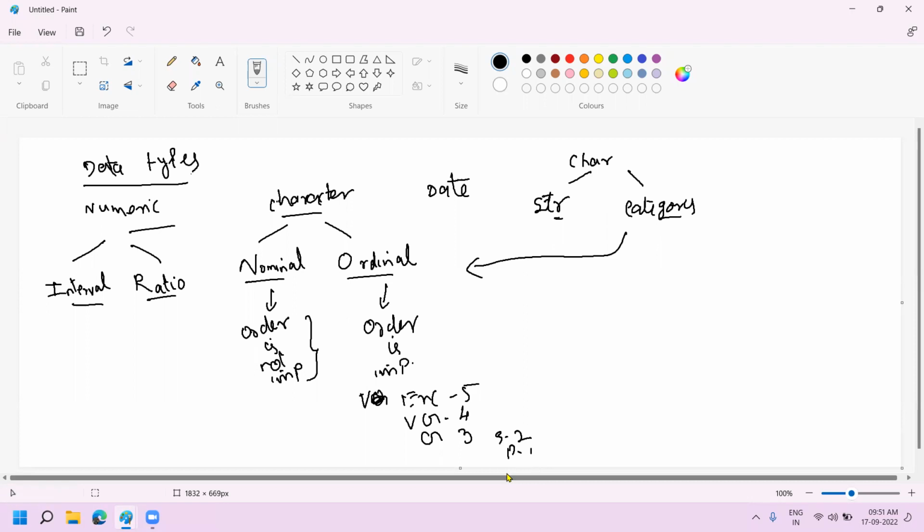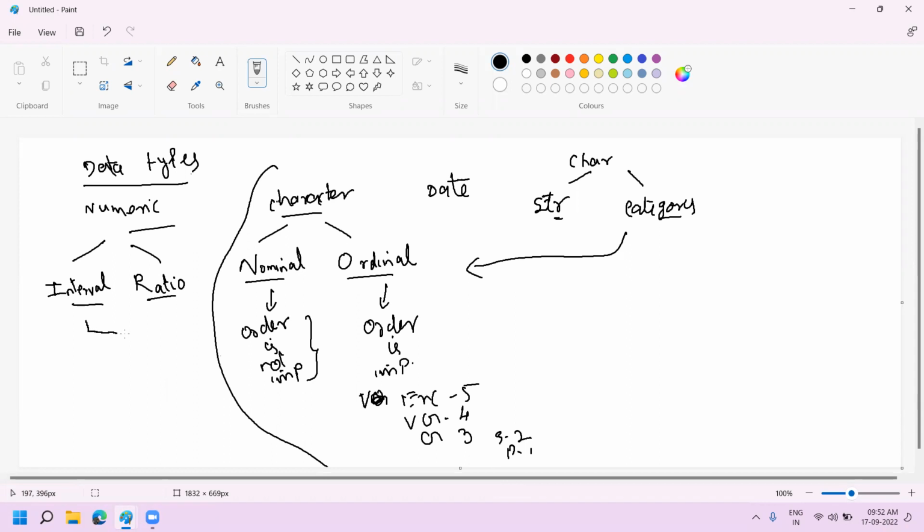If I put excellent and give the ranking as 1, will that make any difference? It will be a big difference, isn't it? You are completely reversing the analysis. So here the order is important. Along with it, the name is also equally important. So this is with respect to string data. I'll say character data. Clear?